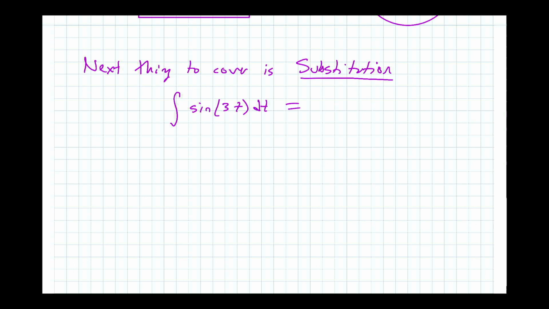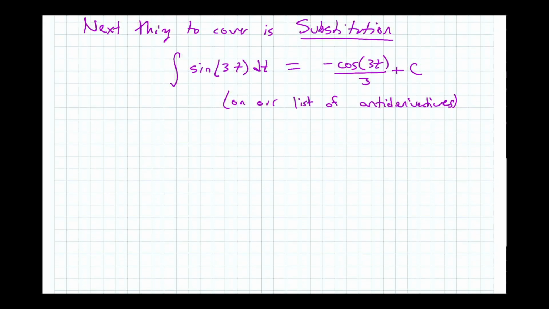We just talked about this. That'd be like negative cosine 3t over 3. And we know that because it's on our list of antiderivatives. You can actually also do that one with substitution, but we didn't know substitution.